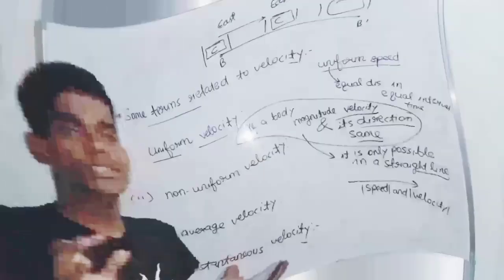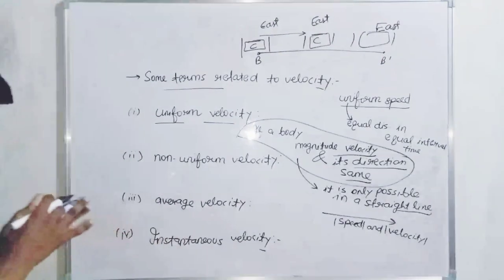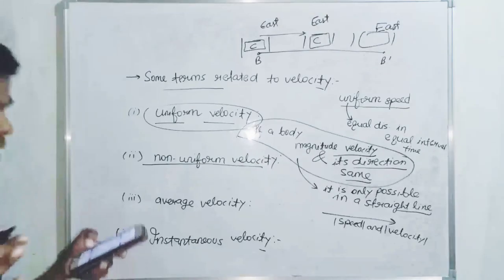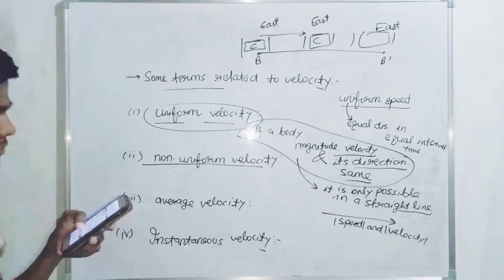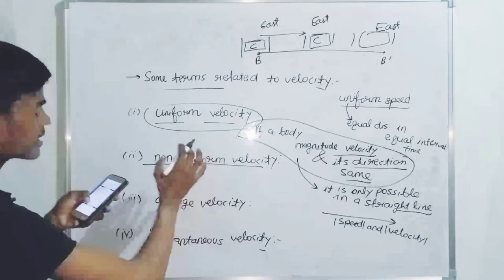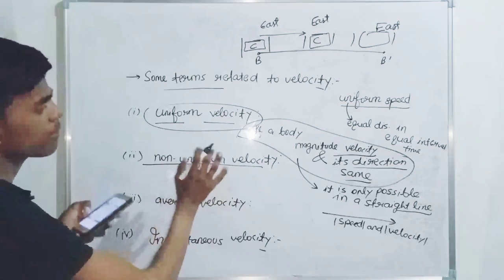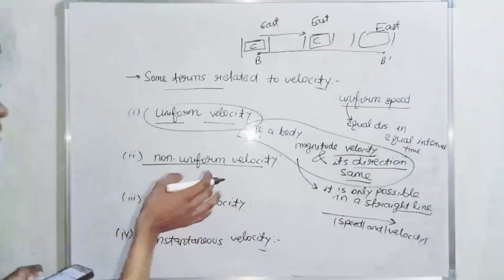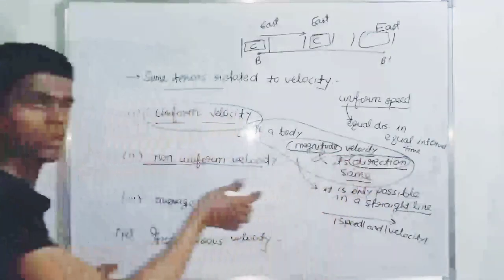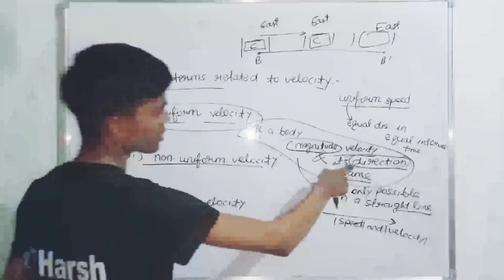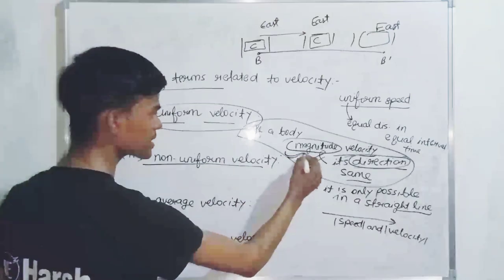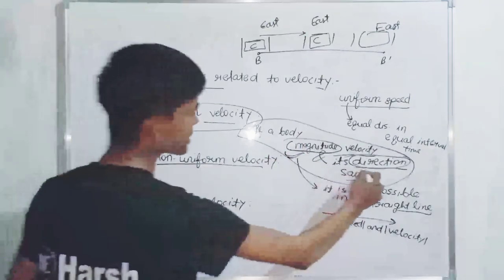So it is clear. Now we have to discuss what non-uniform velocity is. We can define it in the same manner as uniform velocity. Non-uniform velocity is said for a particle if the magnitude and direction of its velocity change, or only the velocity magnitude or only its direction is changing.